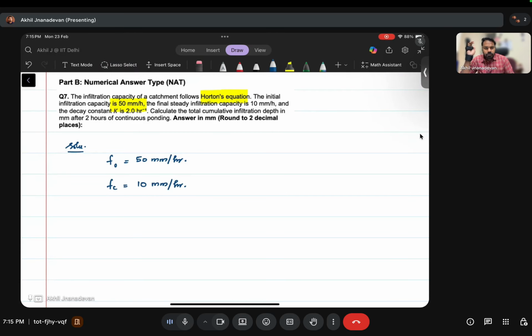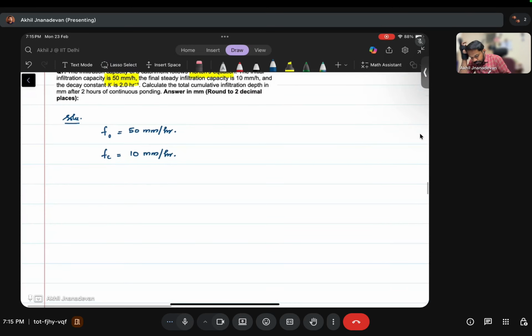That is a constant, or steady state, infiltration rate of 10 mm per hour. The decay constant K is 2 per hour, and we have to calculate the cumulative infiltration depth after 2 hours of continuous ponding.